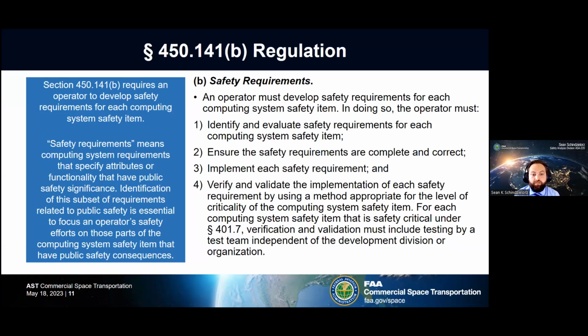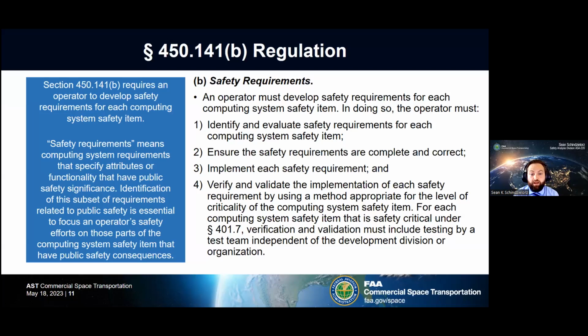141B starts to get into what we do with these computing system safety items once they have been identified. It requires the applicant to develop safety requirements for all identified CSSIs. A safety requirement is a computing system requirement that specifies an attribute or functionality that affects public safety.